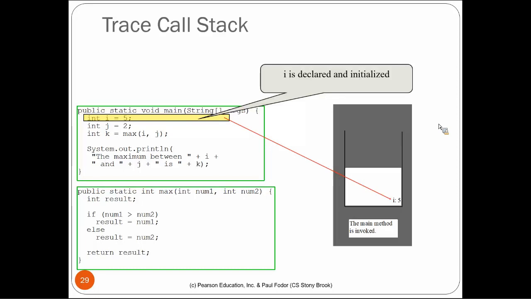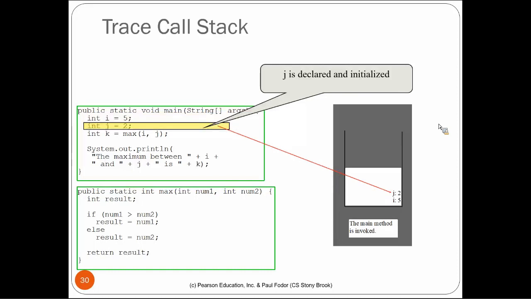So let's see what exactly happens when we execute the previous program on the stack. First we have the main method activation record, which initially contains no variables. But once we start executing the statements, we can define variables: i is declared and initialized with the value 5. j is declared and stored on the stack on top of i, at the top of the stack.